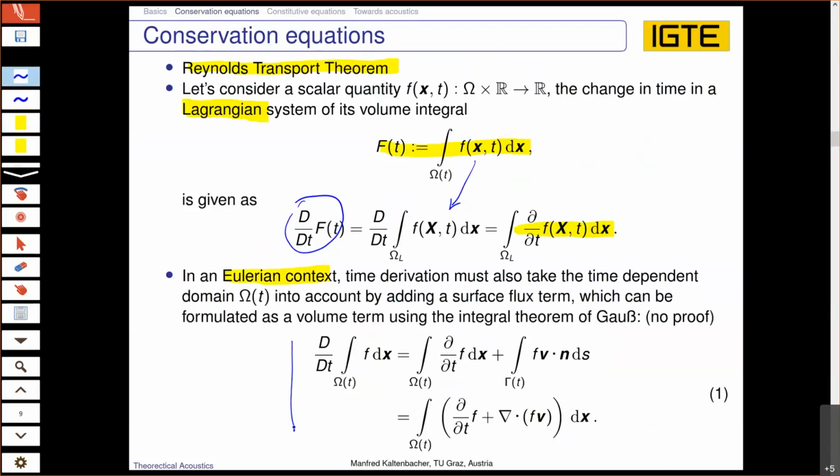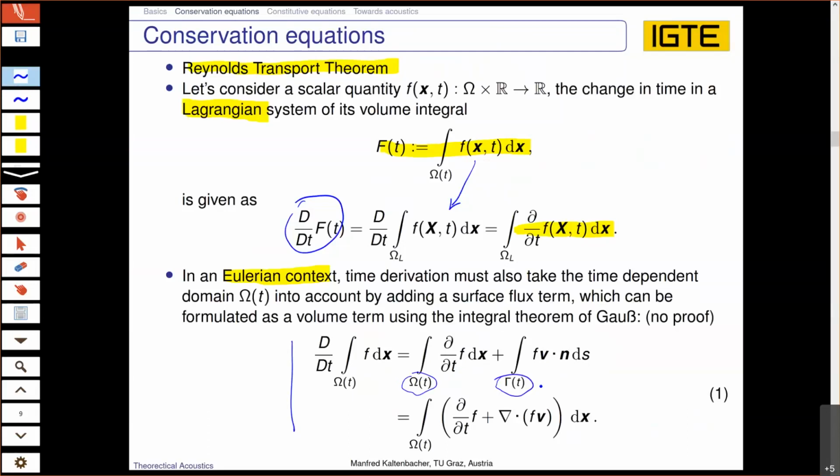We take the partial derivative with respect to time, and don't forget that this control volume may also change with time. And we have then a surface, and this is a closed surface.